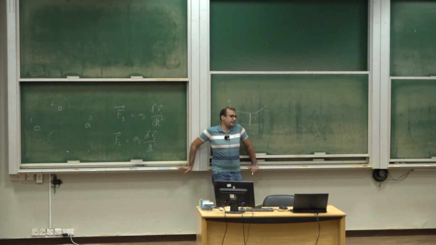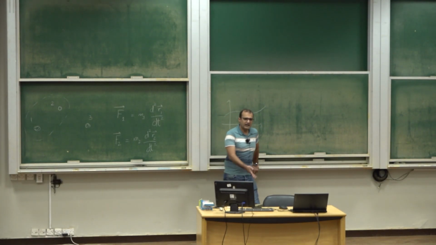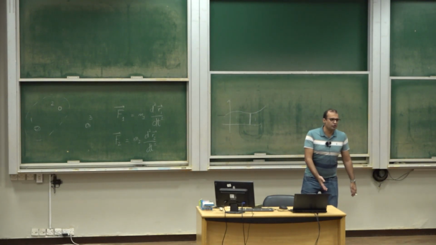I can say that F1, whatever the force on particle 1 is, it has 2 possible sources. There's a force that's going to be exerted on particle 1 due to particle 2, and there's another force that is going to be exerted on particle 1 due to particle 3. That's it. Whatever the physical origin of these forces, never mind. One of these forces or even both could be very, very small, could even be 0. Never mind. You can set it to be 0 later on.